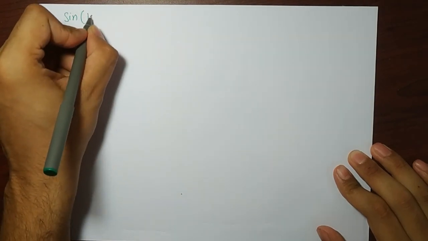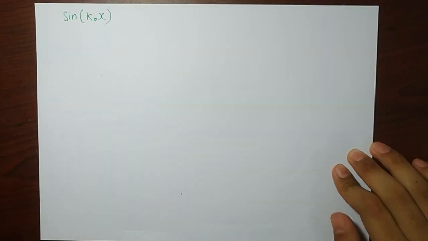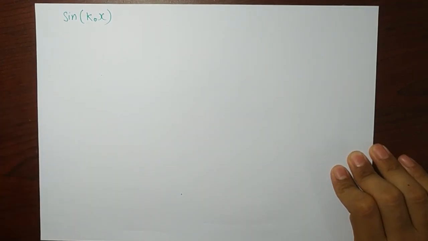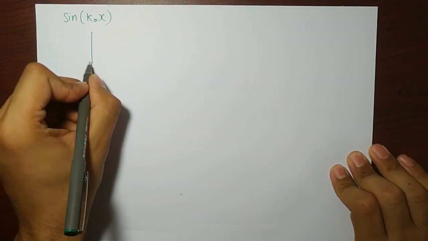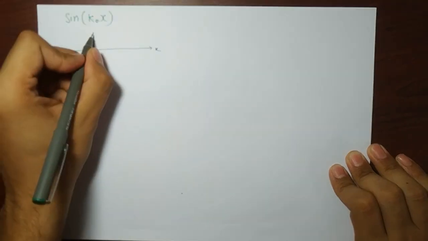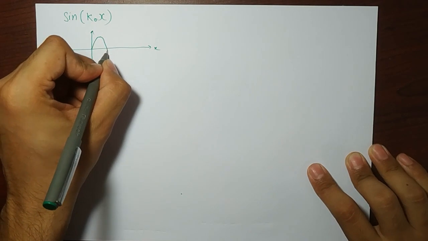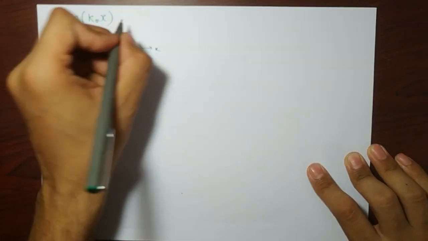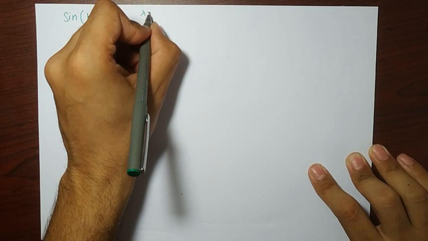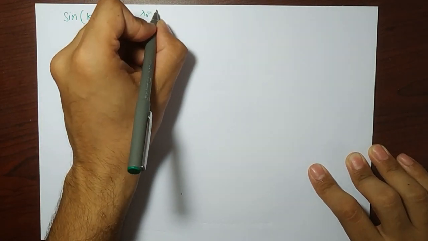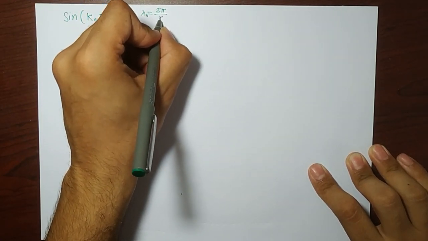Fine. So let us discuss a few more examples. Nothing better than to start with sine k naught x. So it's a spatial function which varies in x. This is k naught, so you can get the lambda naught from 2 pi by k naught.